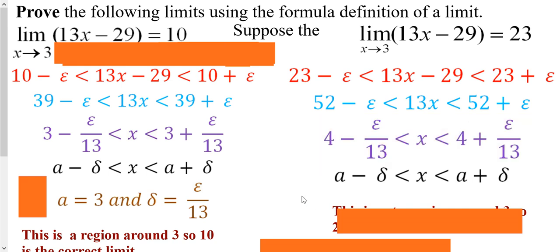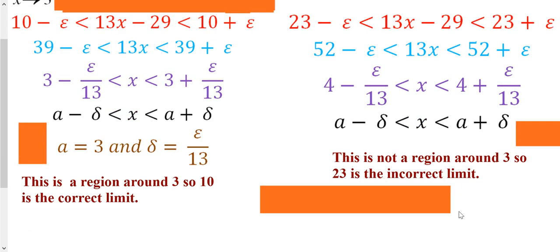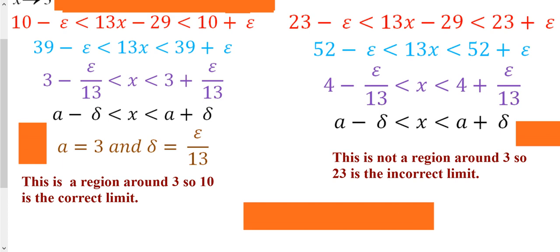The issue is we end up with a neighborhood on each side of 4, 4 plus something and 4 minus something. We know that's not right because we should end up with a neighborhood on each side of 3. So that means we've got issues, and this is not our limit because we did not end up with a neighborhood on each side of 3. Cool. We're done.